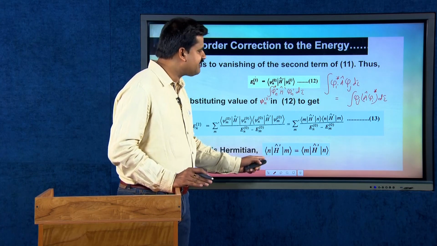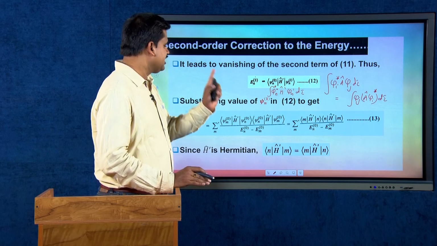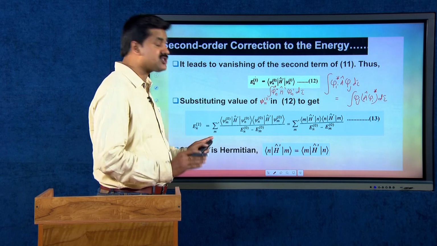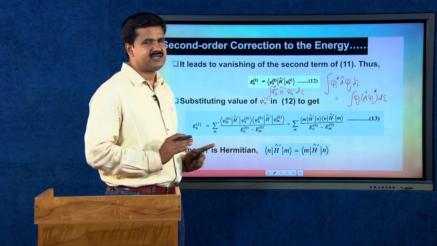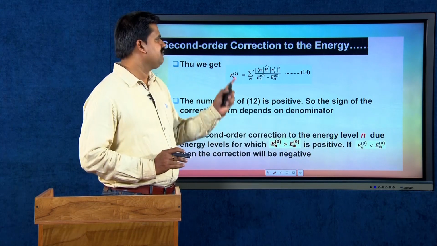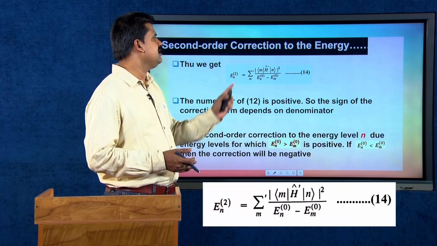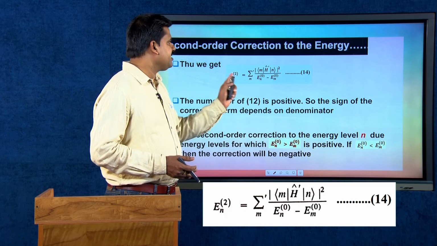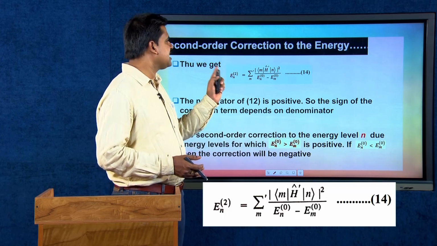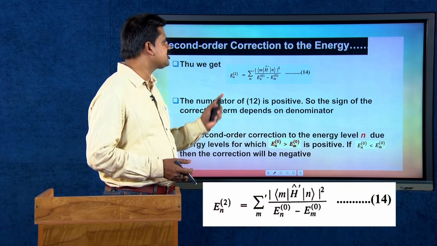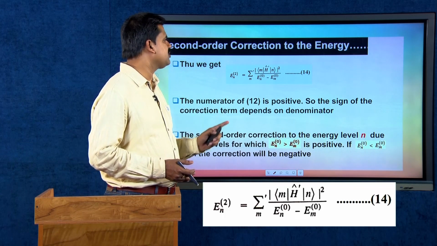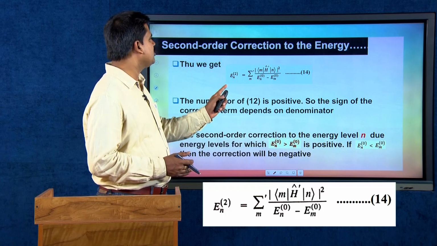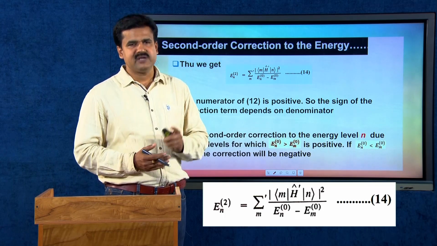We arrive at this conclusion based on the Hermitian property of the perturbation h hat dash. Now, we get the second order correction in its final form: summation prime m, integral psi m0 star h hat dash psi n, the whole squared, divided by en0 minus em0. This is the final second order correction to energy.